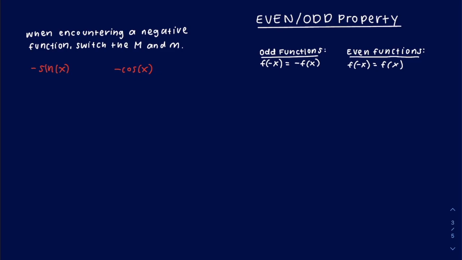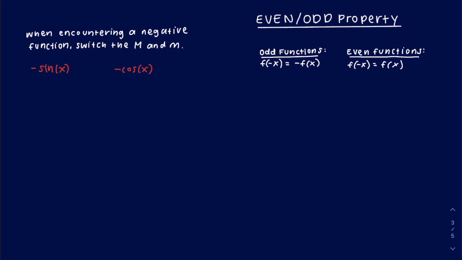So we are making an x-axis reflection of the graph. In doing so, we are flipping the minimum and the maximum values of the graph. That means that we can't necessarily apply the IMImI and MImIm acronyms directly, we gotta flip it.